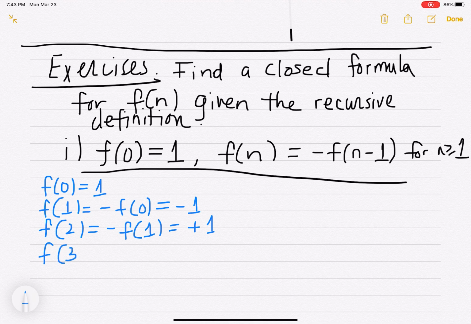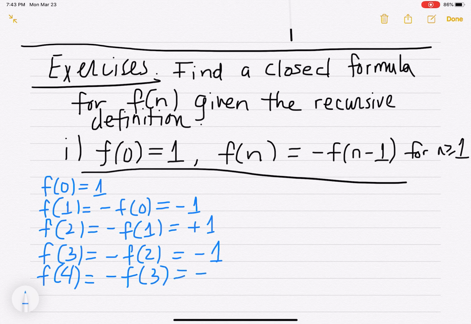F of 3 would be minus the previous term, f of 2, which would be negative 1. And so on and so forth. F of 4 will be minus the previous term, f of 3, which would be negative 1, which is positive 1. So it looks like we're just alternating back and forth.